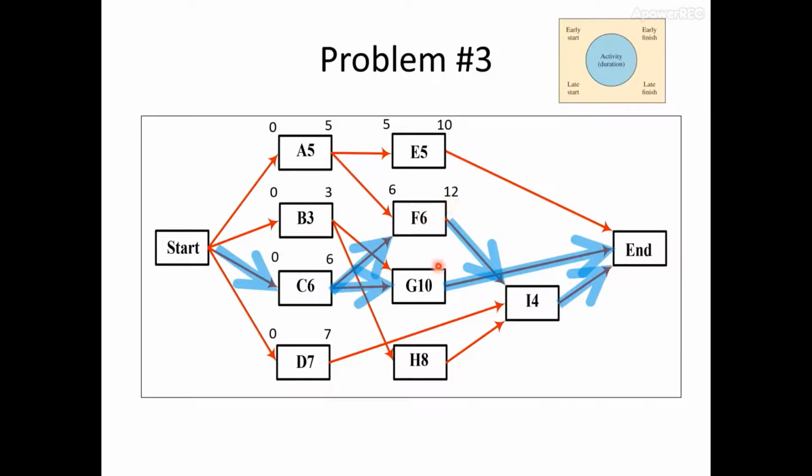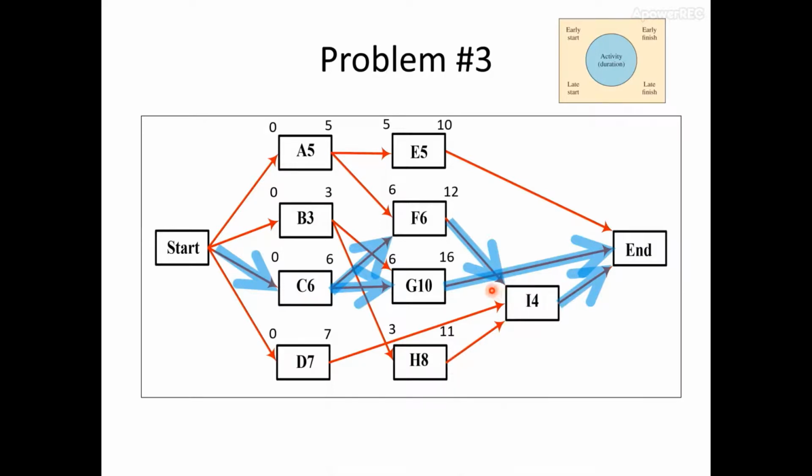For activity G, early start is 6 since it can start right after activity C rather than activity B, and early finish is 16 because it requires 10 weeks to finish this job. For activity H, early start is 3 since it can start right after activity B, and early finish is 11 because it will take 8 weeks to complete this job.